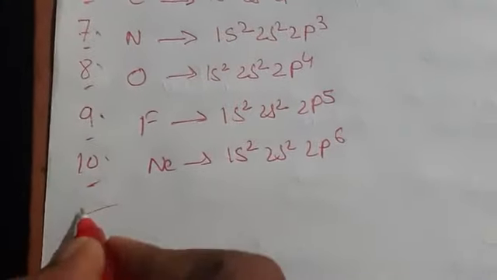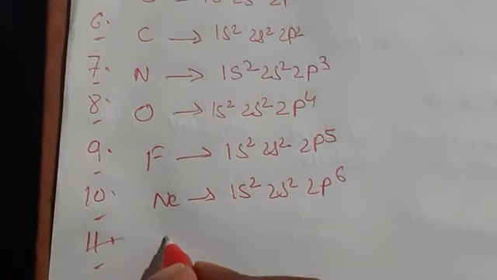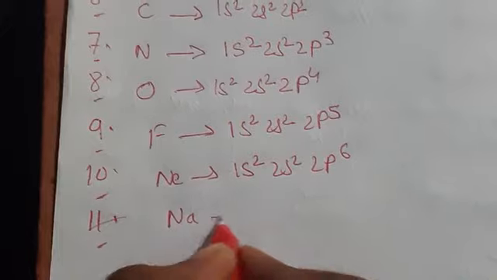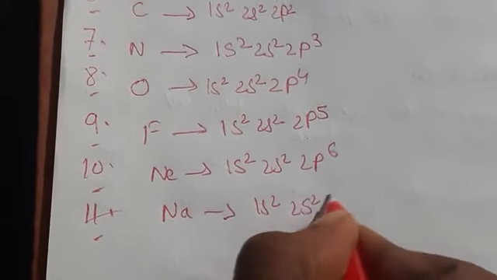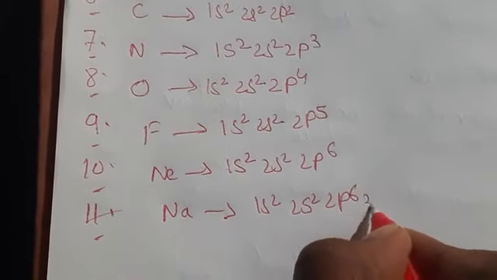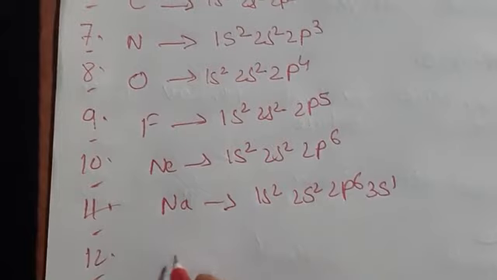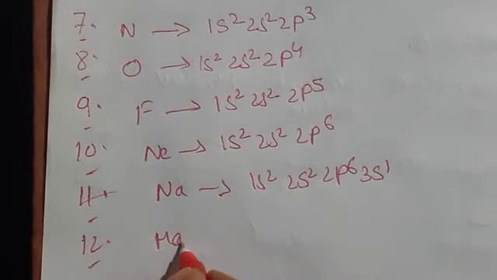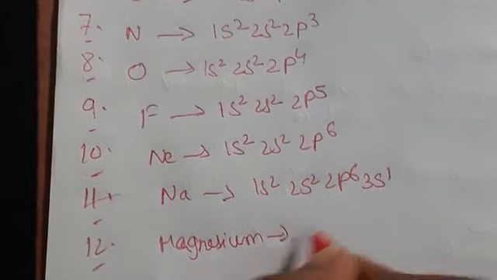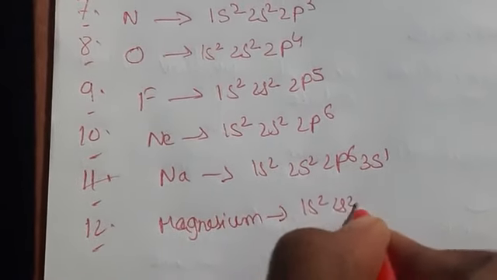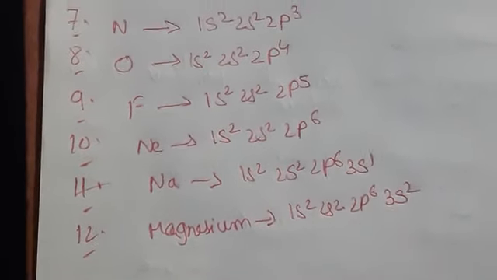And the 11th one, what is the 11th one? Sodium. So sodium means 1s2, 2s2, 2p6, 3s1. Coming to the 12th one, magnesium. For magnesium you get 1s2, 2s2, 2p6 and 3s2.